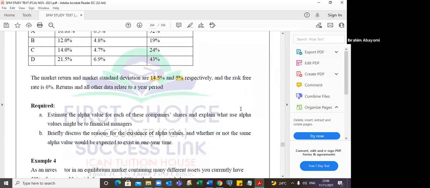Briefly discuss the reason for the existence of alpha value and whether or not the same alpha value will be expected to exist in 1 year time. That's the B part of the requirement.